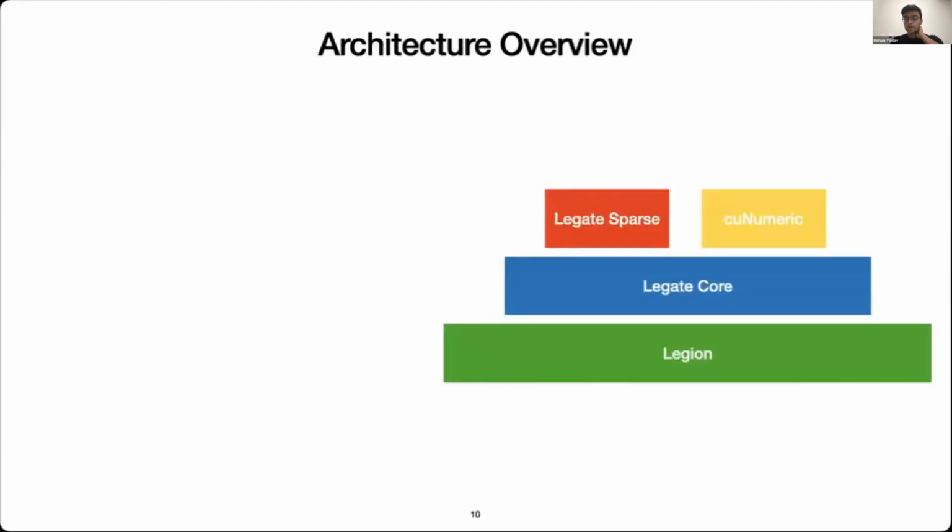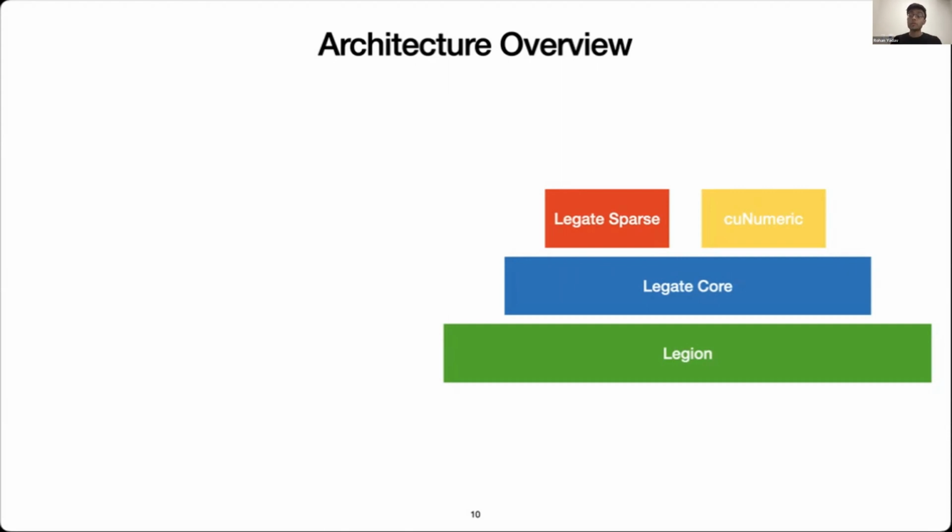So, a bit of an overview of the architecture. This whole system is built on a low-level runtime system called Legion. Legion is a task-based runtime system that allows you to divide your computation up into things called tasks and helps you distribute them across a machine. It's going to be the vehicle with which we write and execute our code across clusters of GPUs.